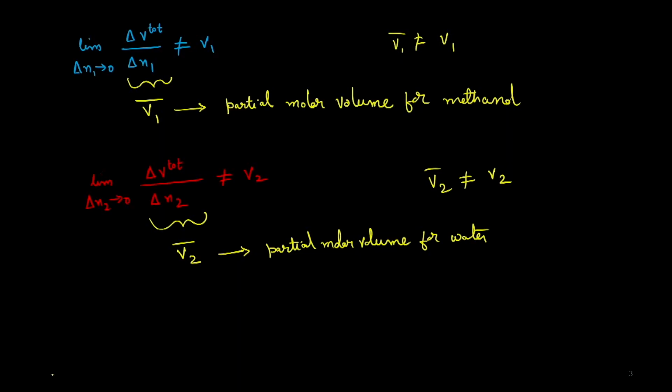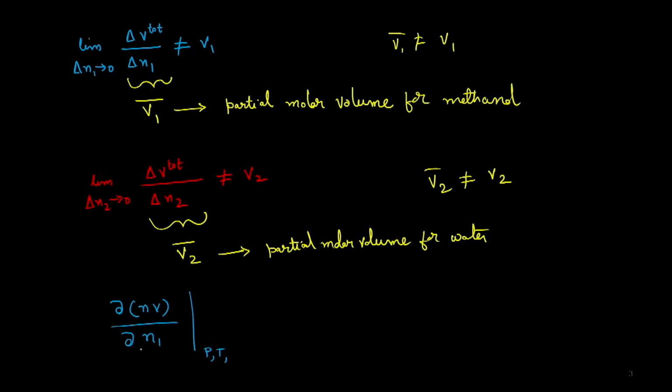In fact, we can mathematically write this limit as the derivative of the total volume of the mixture, which is the number of moles multiplied with the molar volume of the mixture, N times V, over N1. Remember, we have taken that example at constant pressure and temperature, room temperature, atmospheric pressure.